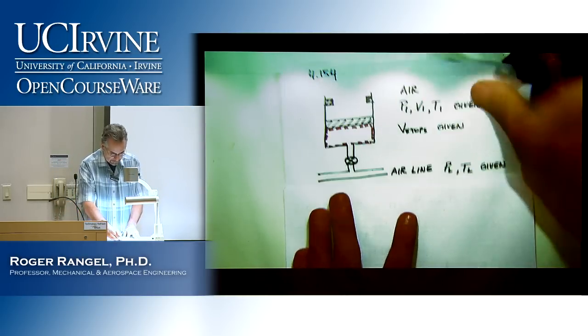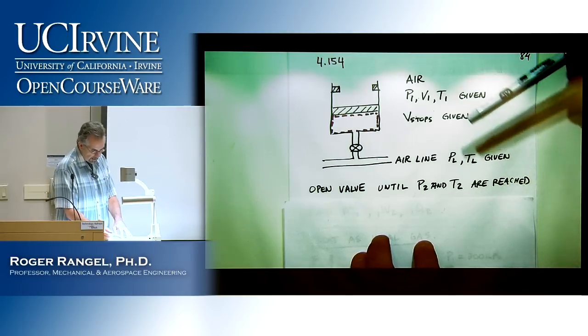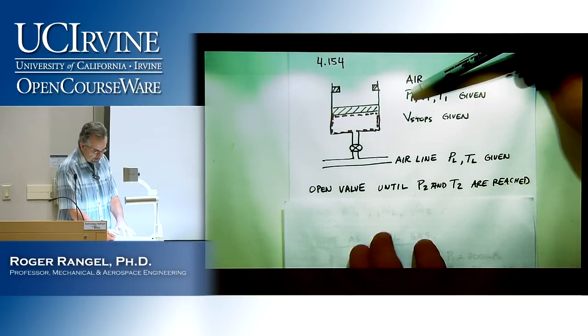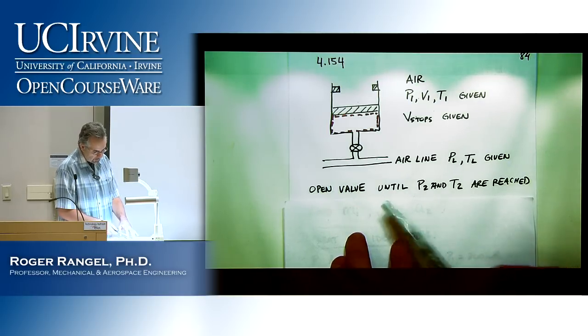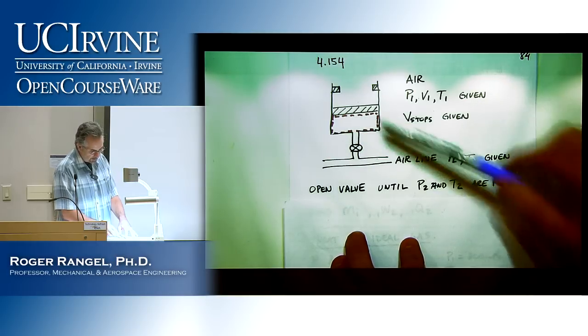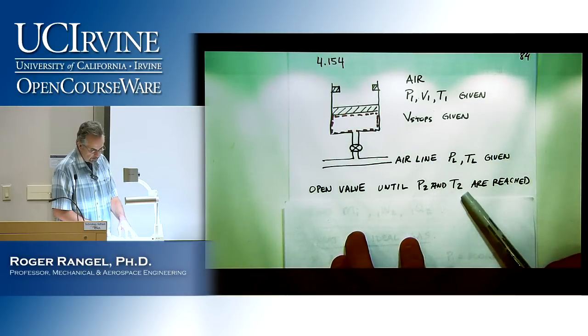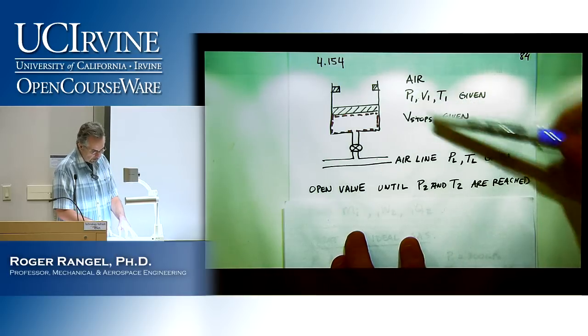And this is what happens next. Now we open the valve. Of course, these pressures are different. The pressure inside the cylinder is less than the pressure in the line. The valve is now opened, and we're going to keep it open until the pressure inside the cylinder reaches a new pressure P2 and a new temperature T2. And this pressure P2 is going to be a value that is in between those two.